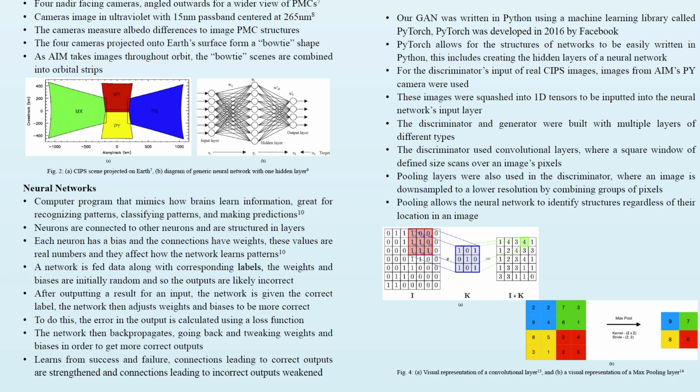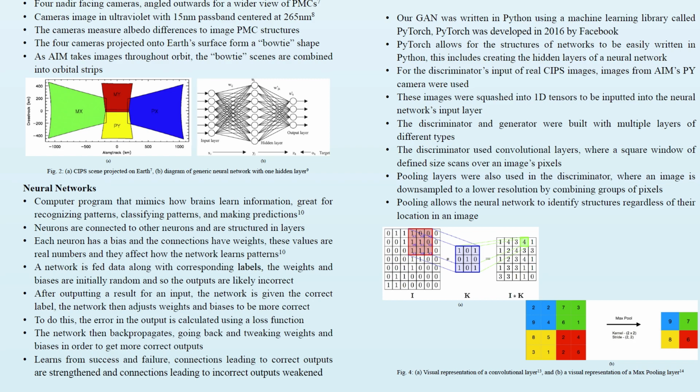So if the dog's number is larger, then the network is saying that it thinks it's a dog. To calculate how incorrect a given output is, you use something called a loss function, and I'll get more into what that looks like later. Once it calculates the loss, if the loss is large, it needs to make big changes. If it's a small loss, meaning it's closer to being correct, then it'll make smaller changes.